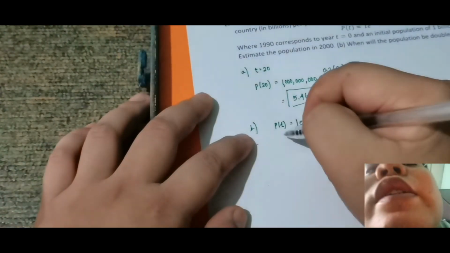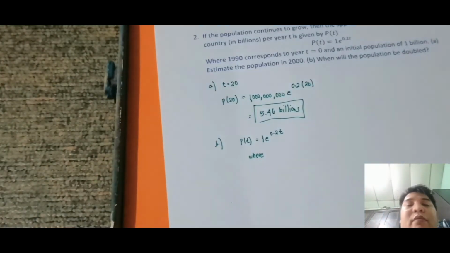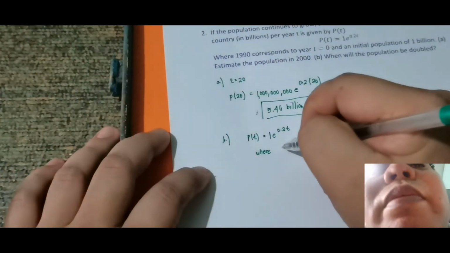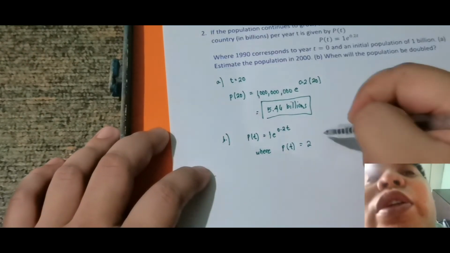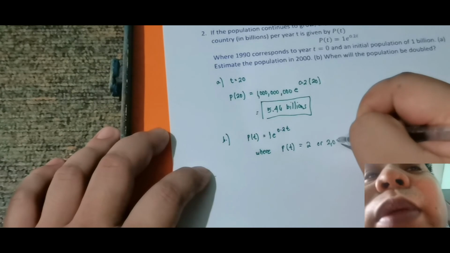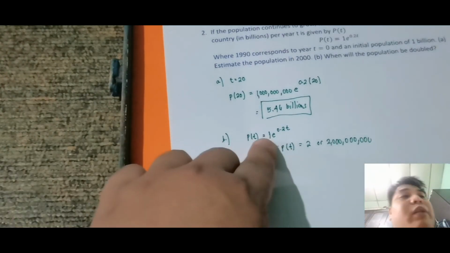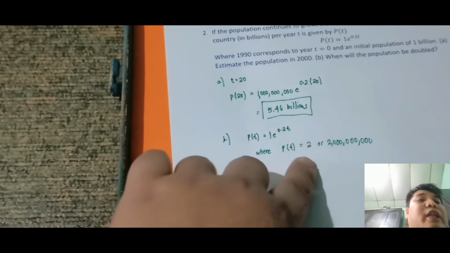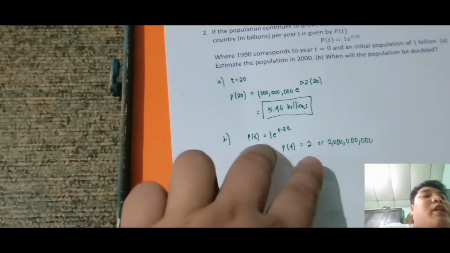Para masabi natin double yung P of t, dapat 2 billion. Yung 2 na yan is 2 billion representing, yung 1 na yan 1 billion represent. Ginagamit ko lang yung 2, pwede naman natin ibalik agad after.